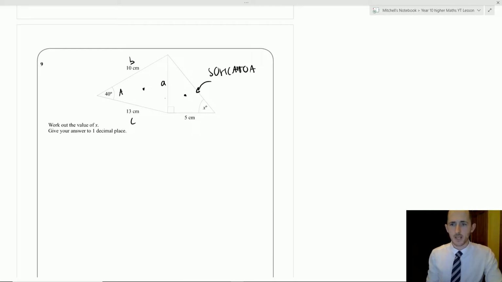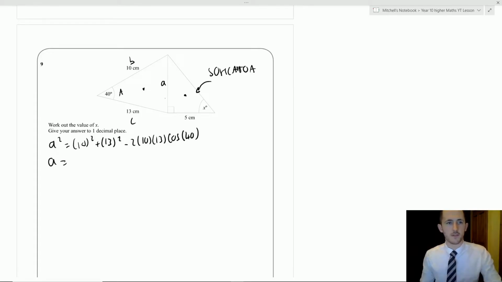Okay, so let's get started. We have A squared equals the two other sides squared and added, so 10 squared plus 13 squared, minus 2 times those same sides, so 10 and 13, cos of 40. Okay, and that is going to give us our value after we square root it, of course.